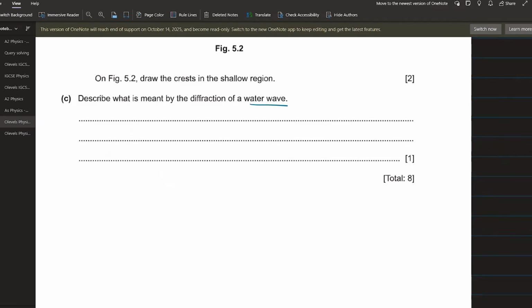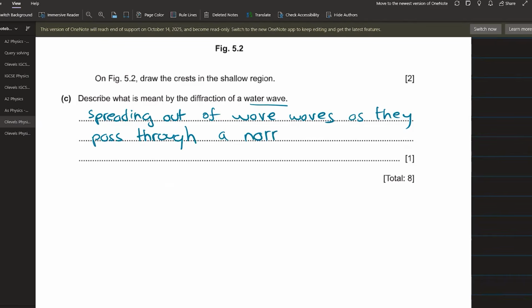You can say spreading out of water waves, spreading out, bending out, spreading out of water wave as they pass through a narrow gap slash small barrier.